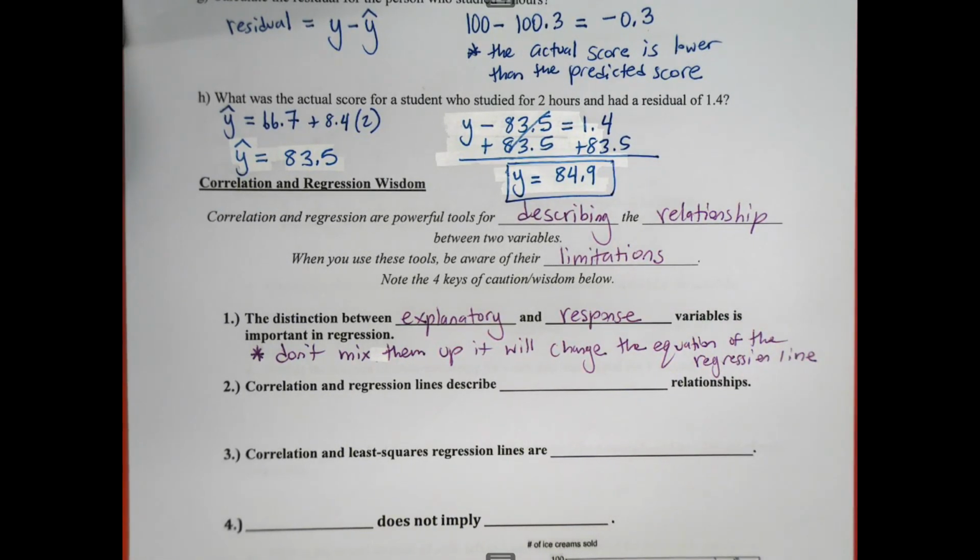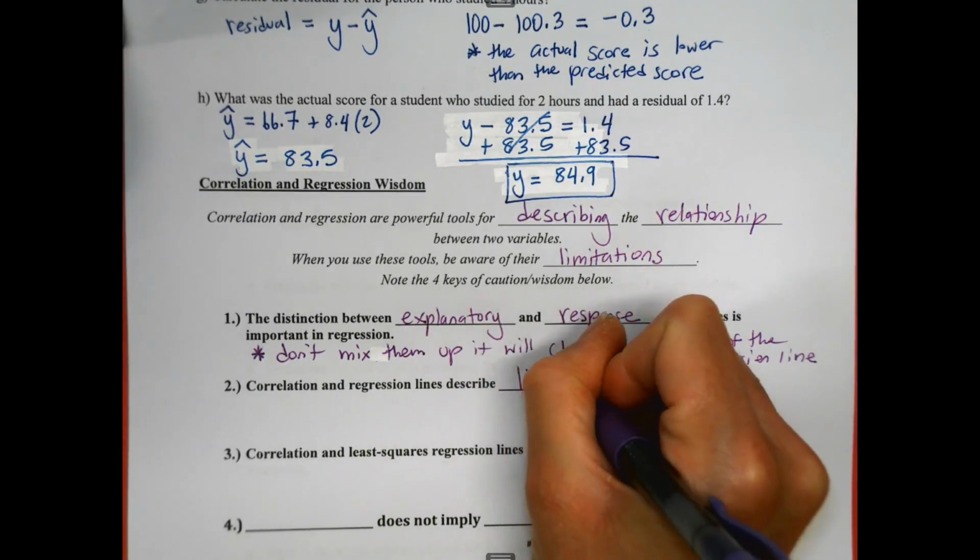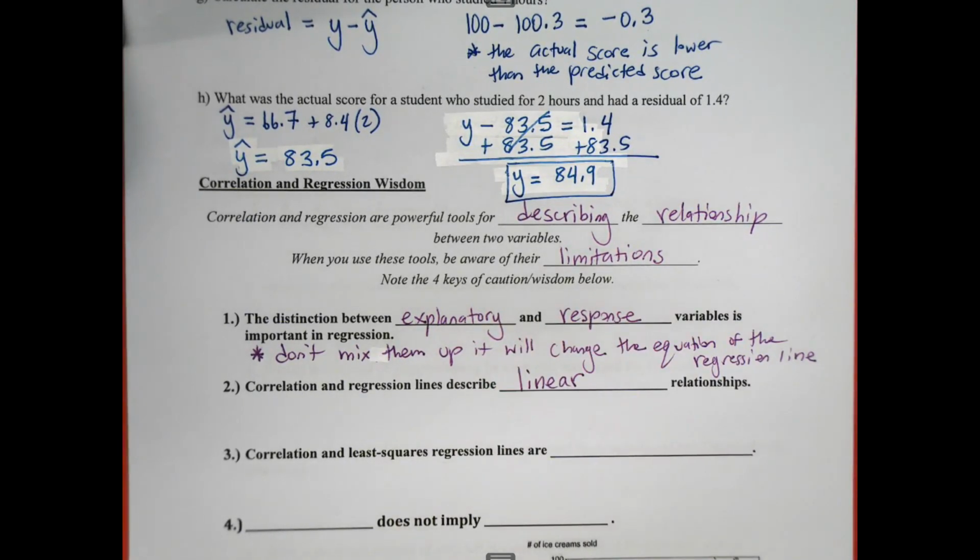Correlation and regression lines describe linear relationships. We can find correlation and regression for any type of relationship, but it's not going to make sense in the context of the problem. So they only are used when we're talking about linear relationships.